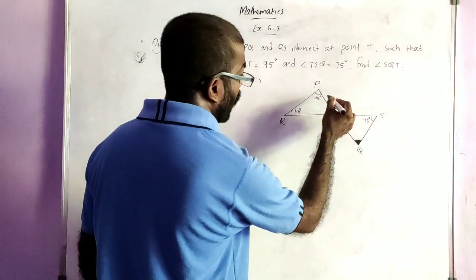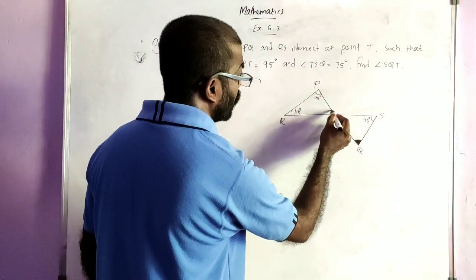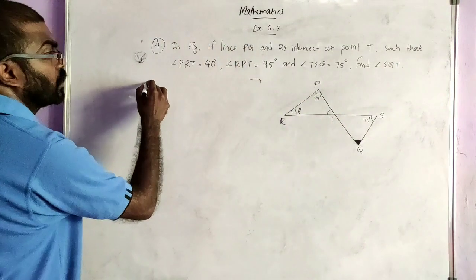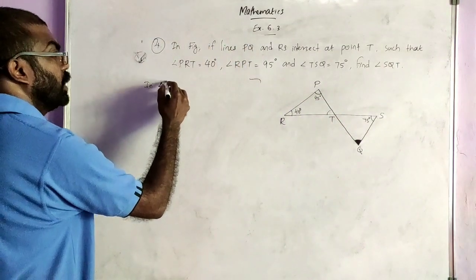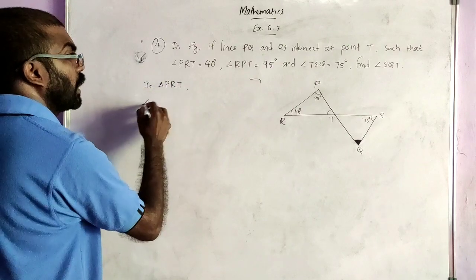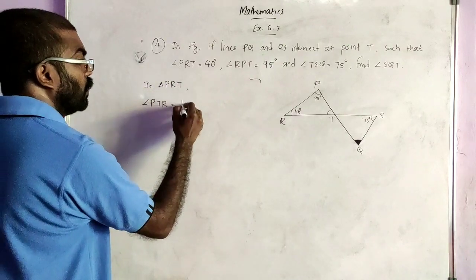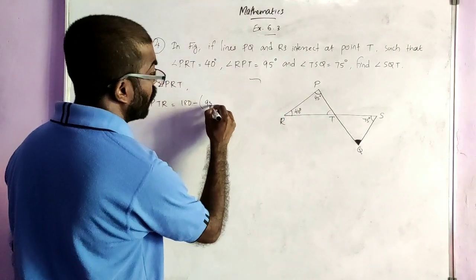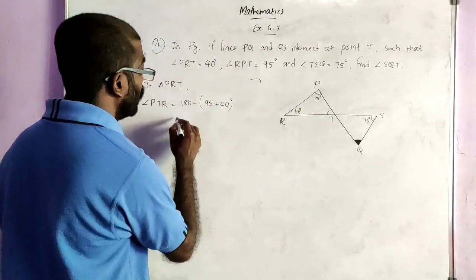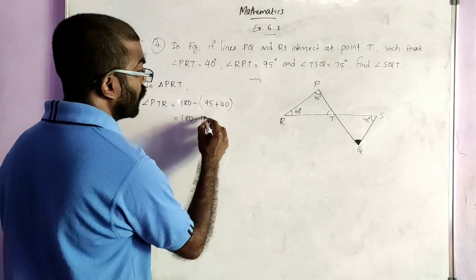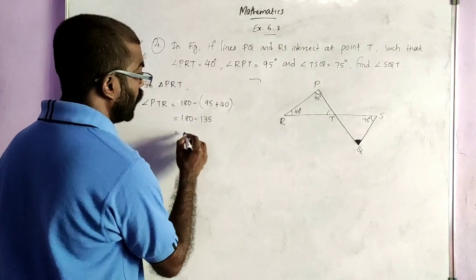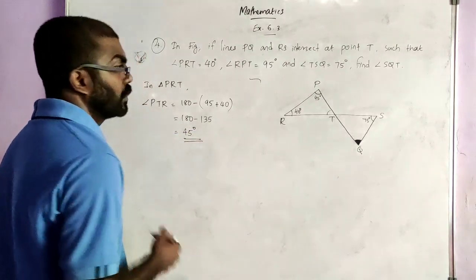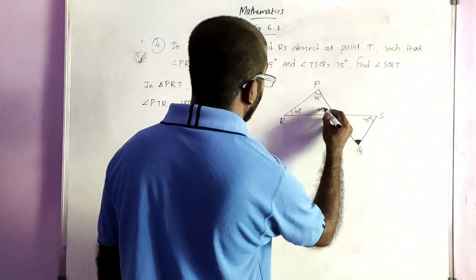First we can find angle PTR using the angle sum property in the first triangle. So in triangle PRT, angle PTR equals 180 minus the sum of the other two angles. Here it is 95 plus 40, that is 180 minus 135, which gives 45 degrees.